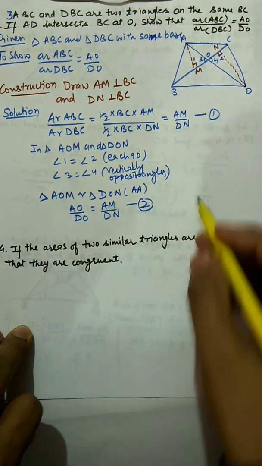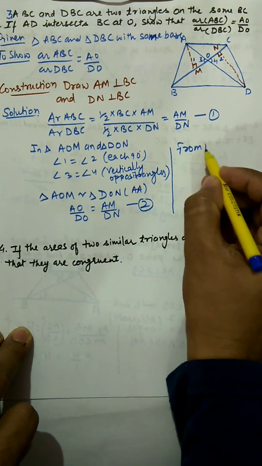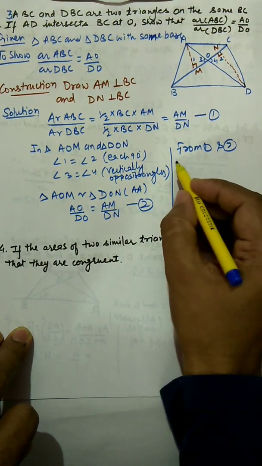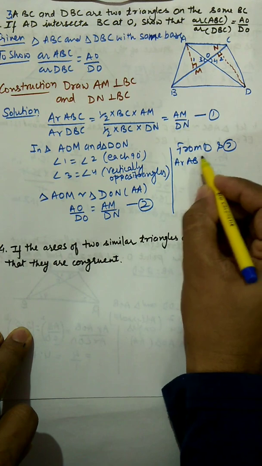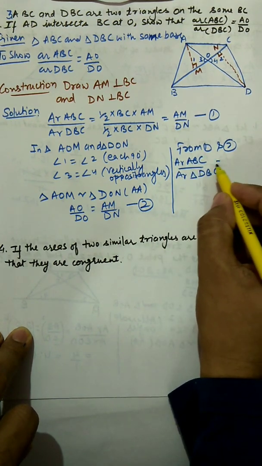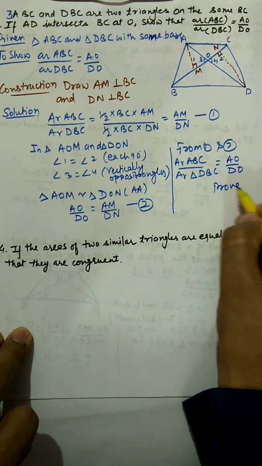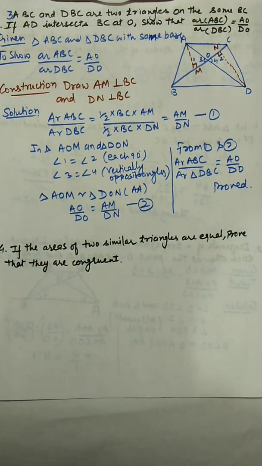Mark this equation number 2. So from 1 and 2 you can write area triangle ABC upon area triangle DBC is equal to AO upon DO, and this you can write as proved. So this is how you have done question number 3.